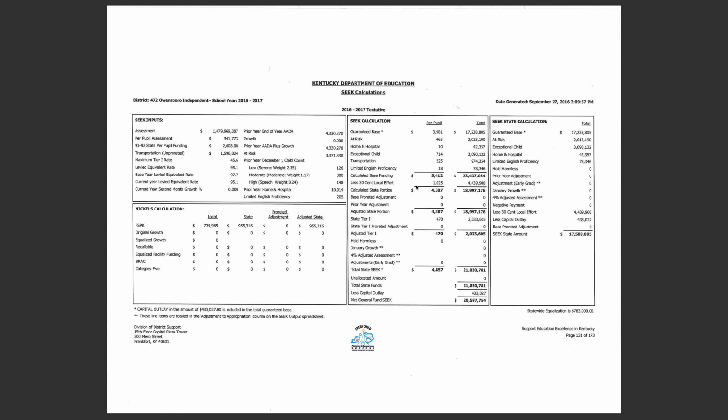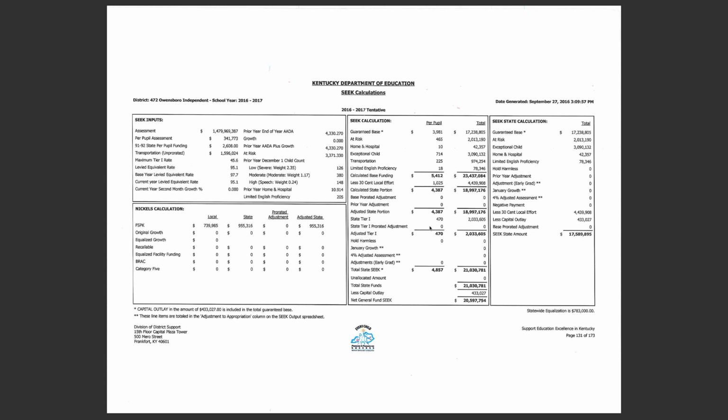And of course, this is subtracted because it is a required local contribution for you to get the state money. So they subtract it out of your allocation, and you can see what that amounts to on a per pupil basis, and you can see what that amounts to then from the standpoint of your total budget, at least in the Owensboro district.